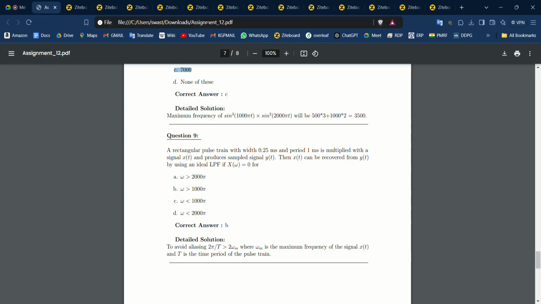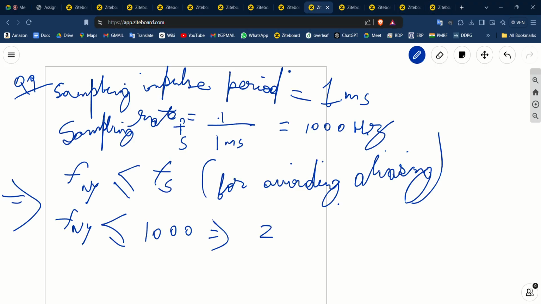What is the maximum frequency of the signal? It is not given, so take 2 into omega by 2 pi, which should be less than 1000.